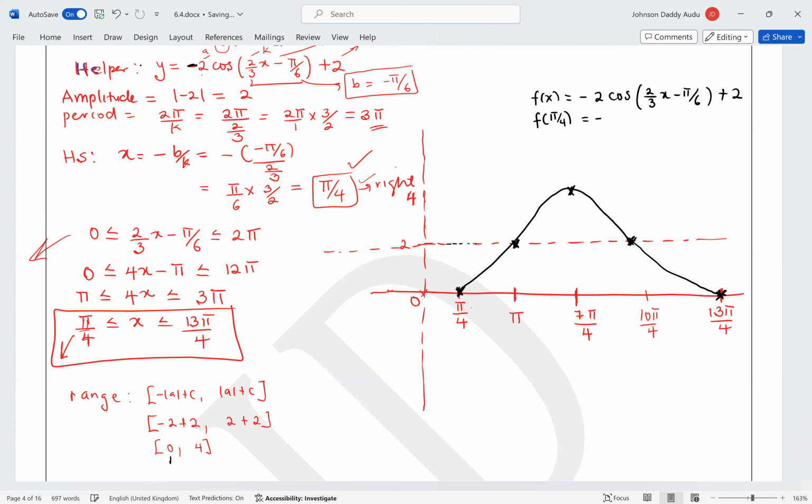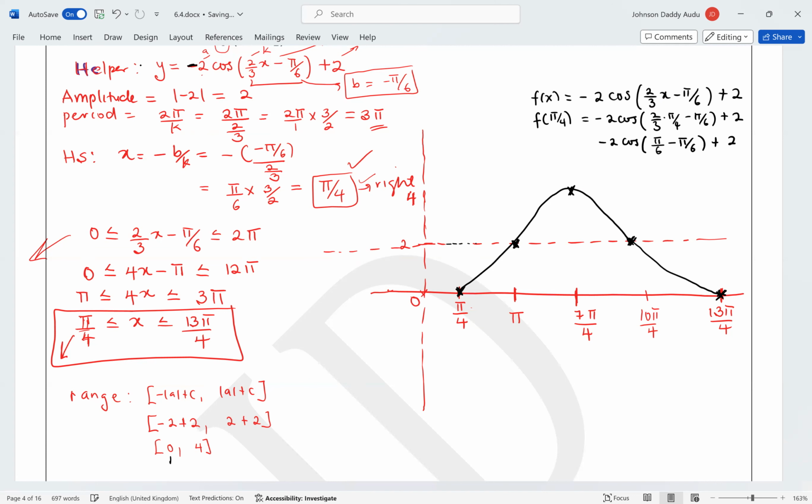This is going to be minus 2 cosine of 2 over 3 pi over 4, minus pi over 6, everything plus 2. This will be minus 2 cosine, just pi over 2 here, so it's going to be pi over 6 minus pi over 6 plus 2.